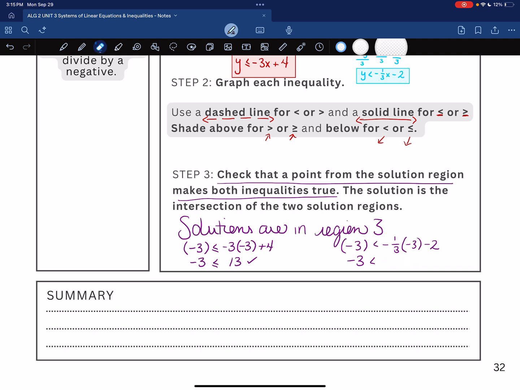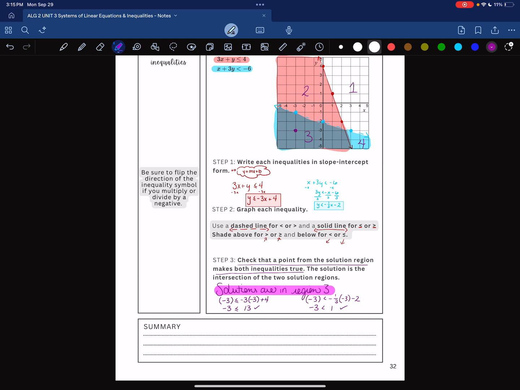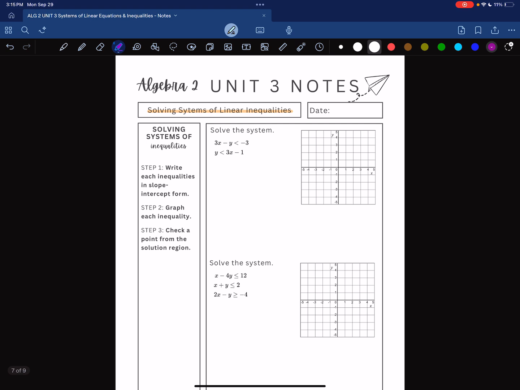That's just -1. And -3 is less than -1. So that makes both true. So yeah, we can confidently say that the solutions are in region 3, that region where it's both red and blue. So there you guys go. That is solving a system of inequalities and identifying solutions from that solution region.